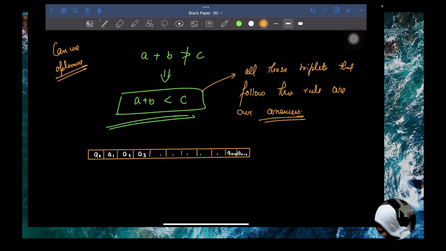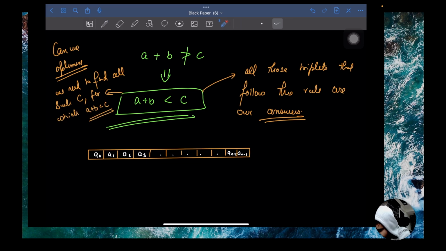If I simplify this statement, we need to find all such C for which A plus B is less than C. Can I say that? If we can somehow find all the values of C such that A plus B is less than C, then we can technically solve this question, right?